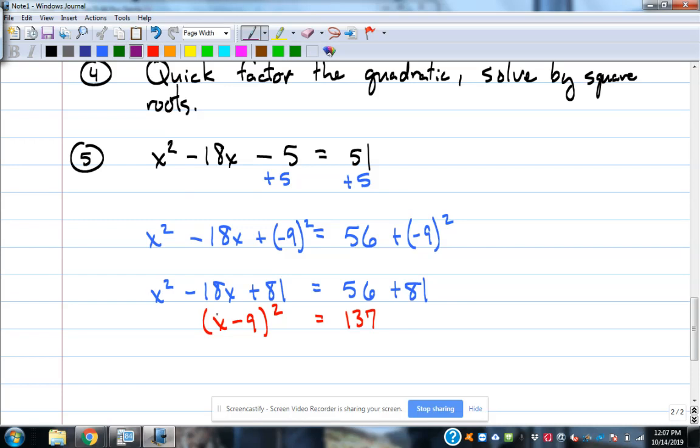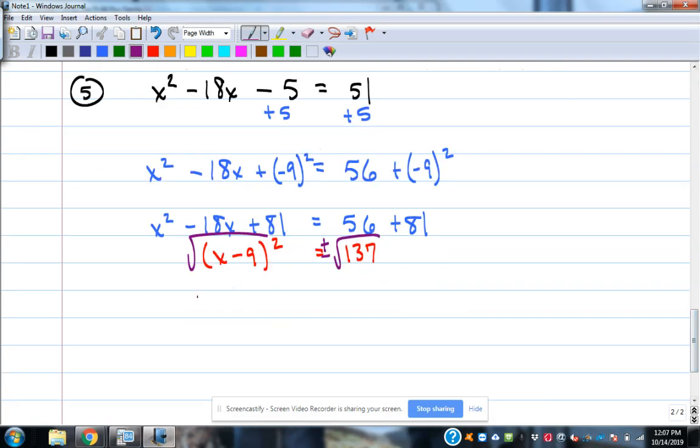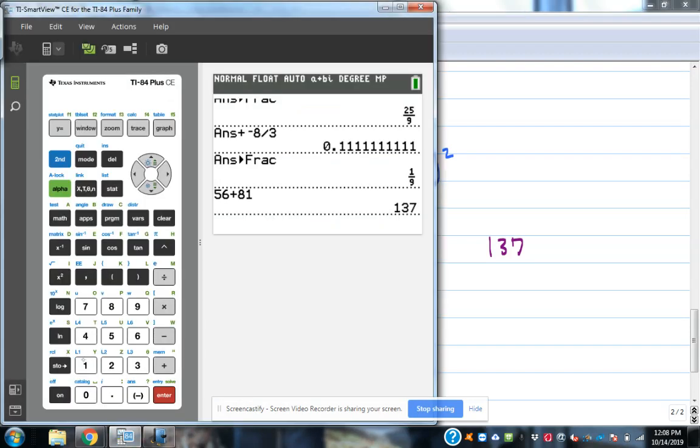So now we just take the square root of both sides. x minus 9 equals plus or minus the square root of 137. I don't know much about 137. The digits add to be 11, so it's not divisible by 3 or 6. Maybe it's divisible by 13, maybe?